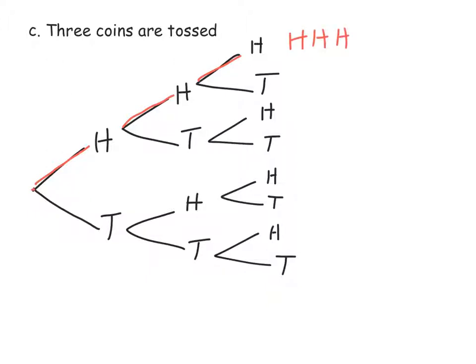That outcome would be heads on all 3 flips. How about heads on the first, heads on the second, tails on the third? How about heads on the first, tails on the second, heads on the third?